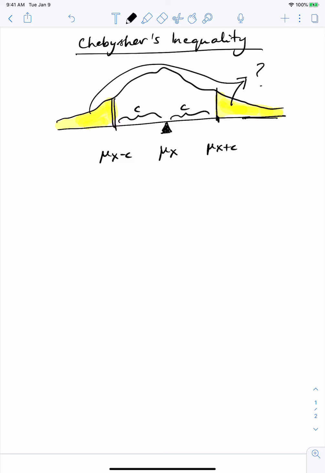That event is that, remember, X is a random variable that's on your horizontal axis. And so you're looking at X and how far it is from mu X. What you want is for that distance to be at least c.